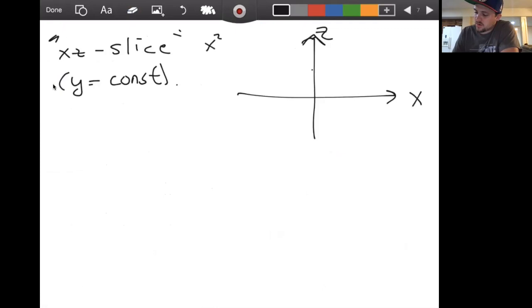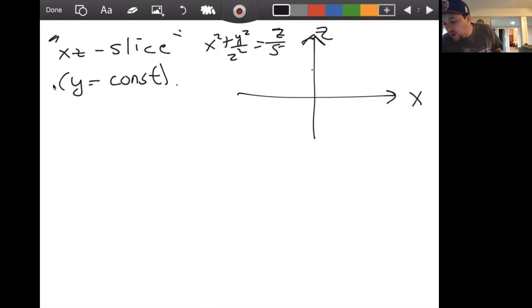It's x squared plus y squared over 2 squared equals z over 5. Okay, and so if y is a constant, now would be a little clever to just pick y equals 0, because we can see the resulting formula is still non-trivial. So if we pick the slice y equals 0, this is exactly the xz plane.